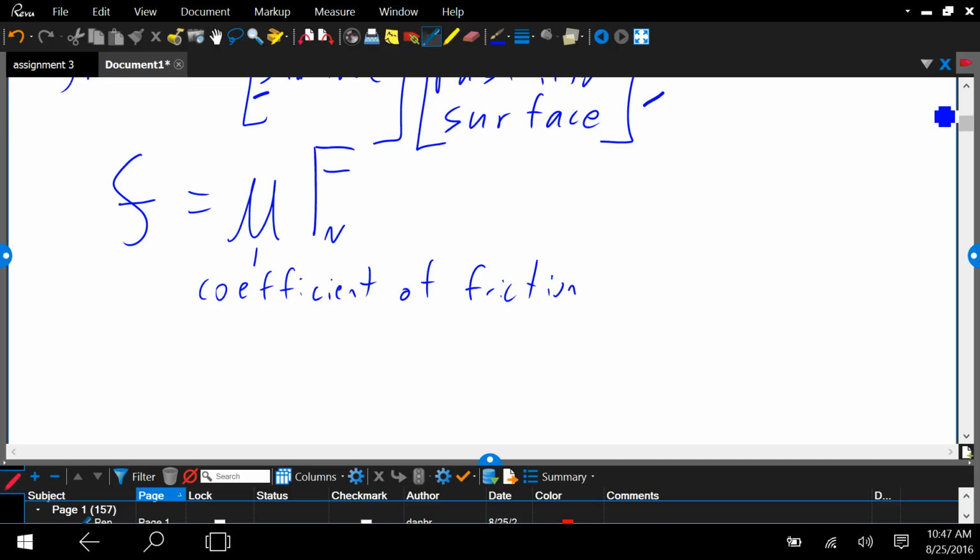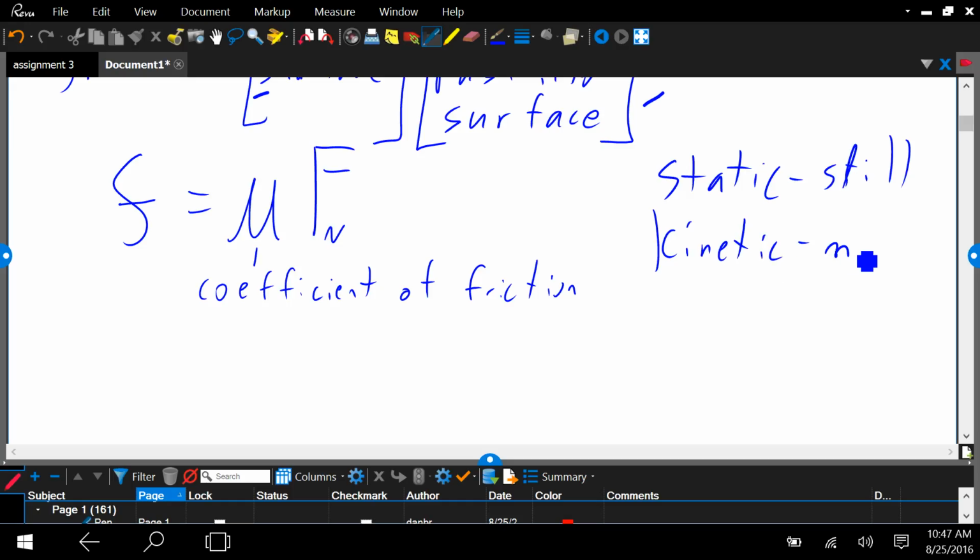So that symbol will be used. I do also want to note that there's two different kinds of friction. We have static and we have kinetic. Static, think of static cling, it means still. Kinetic, think of moving like kinetic energy. What this is saying, you probably have the experience in your life if you moved a heavy piece of furniture or anything like that, a washer or a dryer or something.